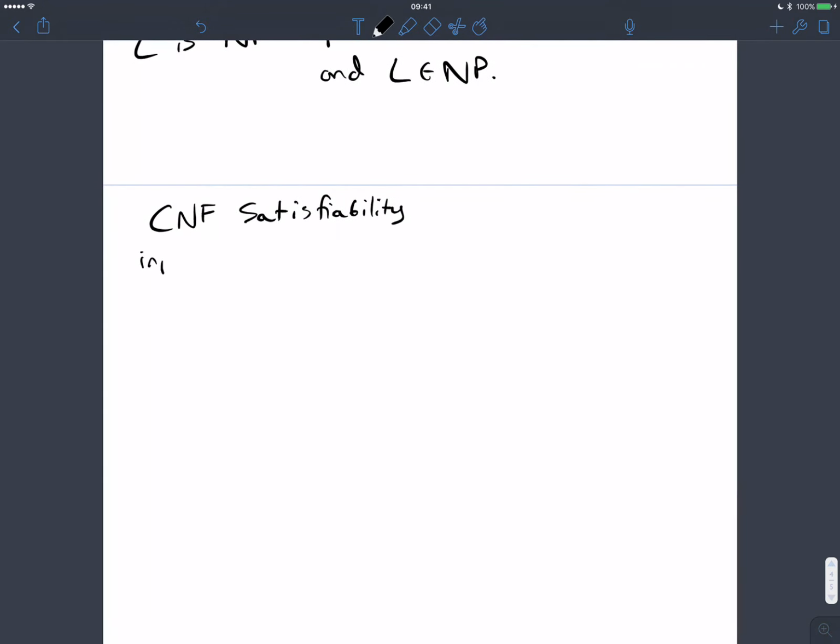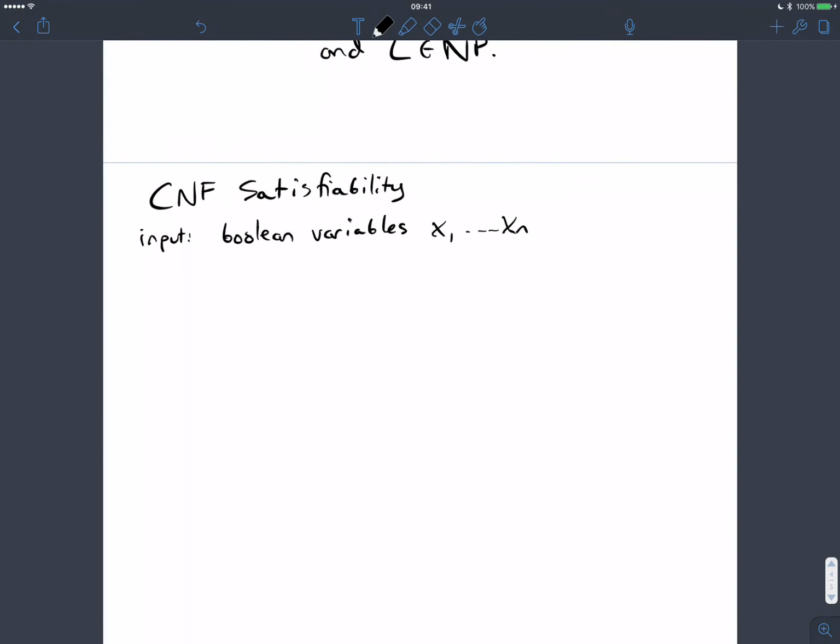So the input is of the form Boolean variables, let's call them x1 through xn, and Boolean operations. And the ones that we know quite well are and, or, not.